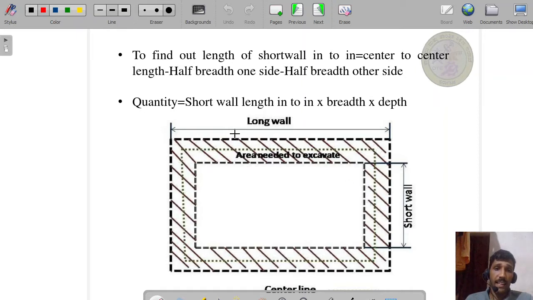Now in this sketch, the x direction wall we consider as the long wall because it is longer in direction. The y direction is shorter in direction, therefore it is the short wall. Therefore, long wall quantity is equal to long wall length multiplied by breadth into depth. Short wall quantity is equal to short wall length into breadth into depth.